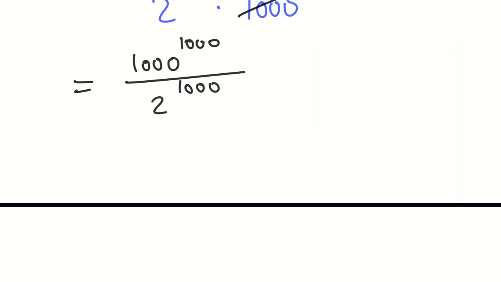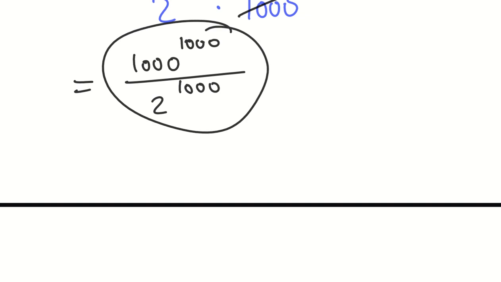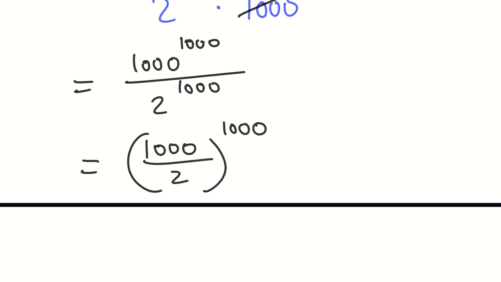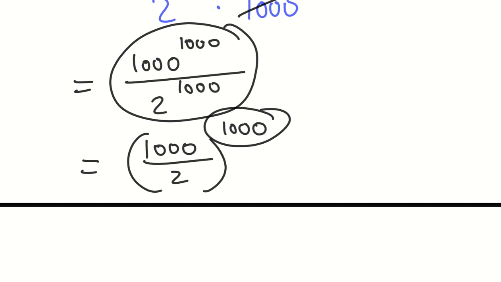So how does this help us here? They have the same power, right? So I can rewrite this like this: 1000 over 2 all to the power of 1000. If you distribute this power to 1000 and 2, you are going to get this back. So nothing has changed.